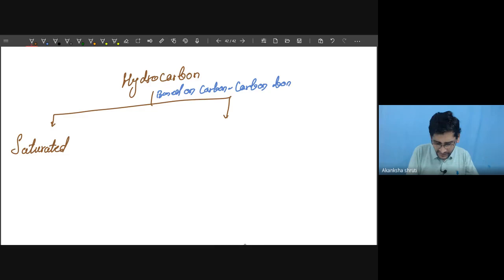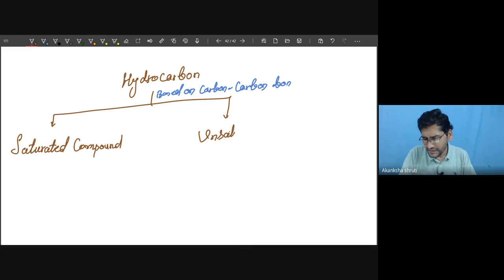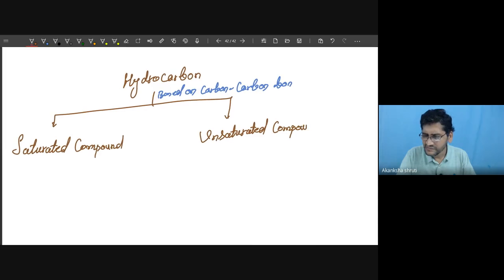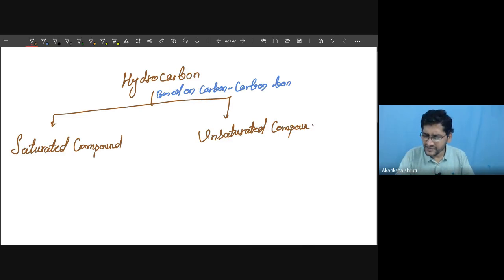saturated hydrocarbon or saturated compound, you may write. Another is called unsaturated compound. Students, saturated compounds mean between two carbons there is only and only a carbon-carbon single bond.